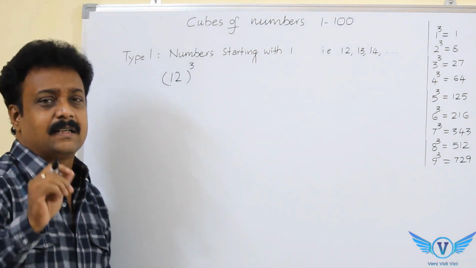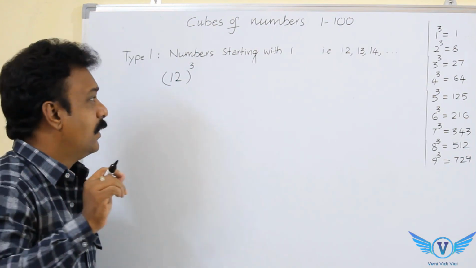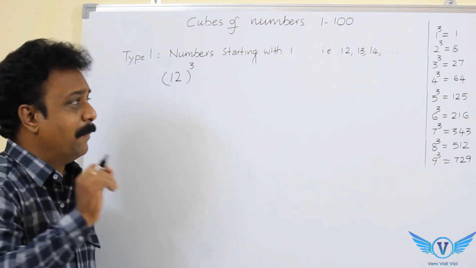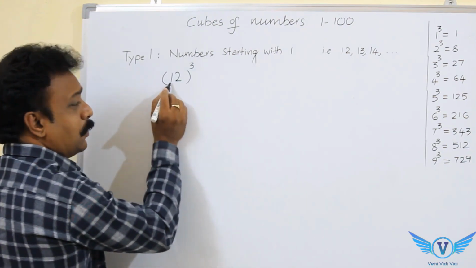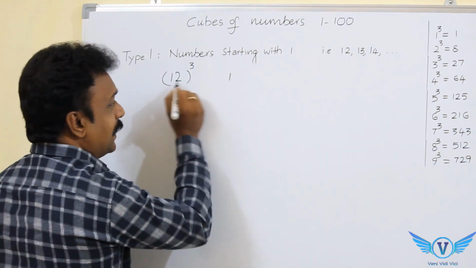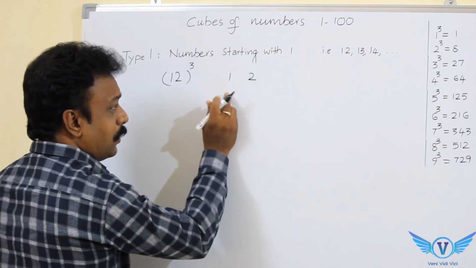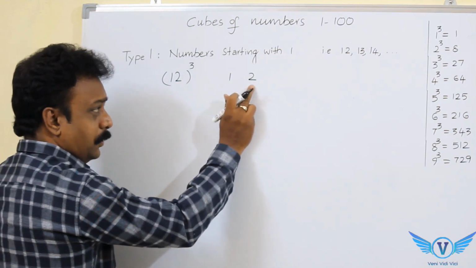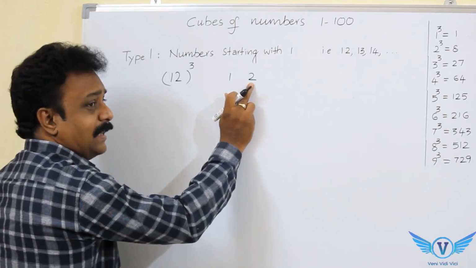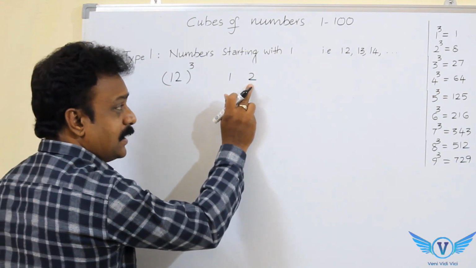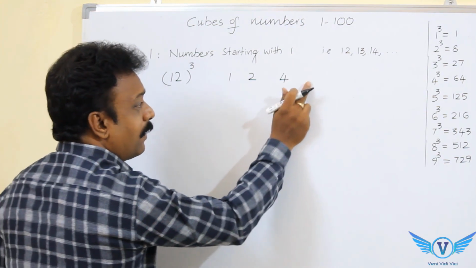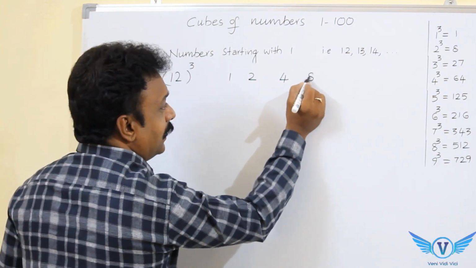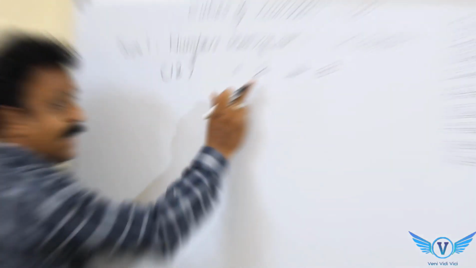You can easily understand the process and you can easily find the cube of numbers starting with 1. So let us write, there are 2 digits, 1 and 2. The second digit is 2, so we will write 1, 2. Now take the second digit and write the square of this digit. 2 square, 4. Now the cube of the second digit, 8. So I think you understand.